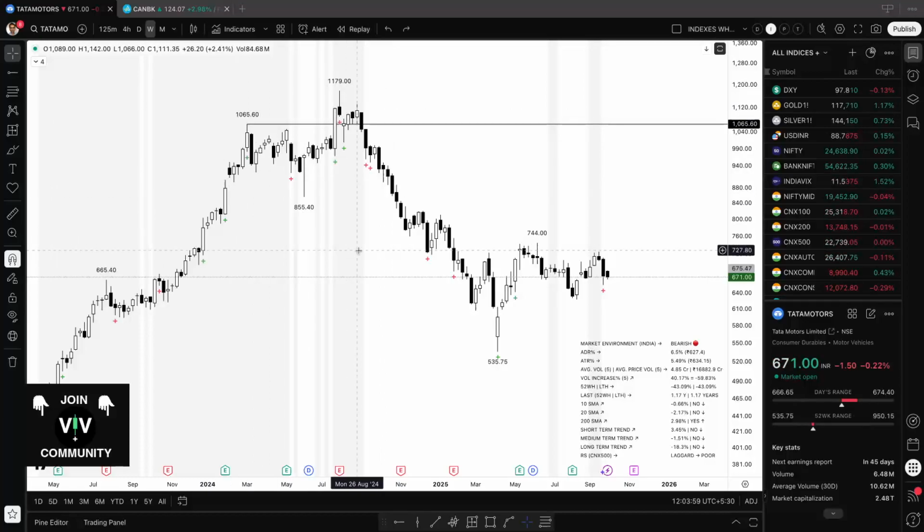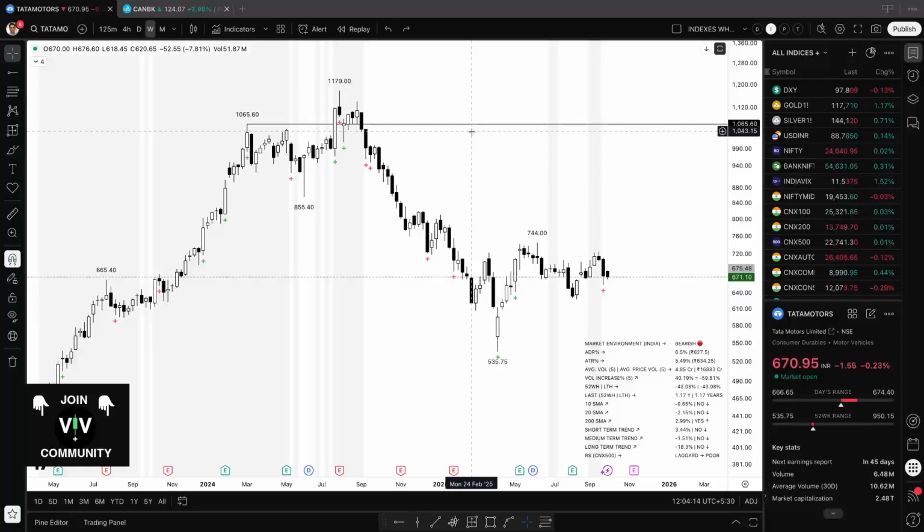So without any hope, without any fundamental story and all that, on the base of technicals, on the base of our VIV system, on the base of this trend reversal signal, you can enter or exit a trade in a timely manner.